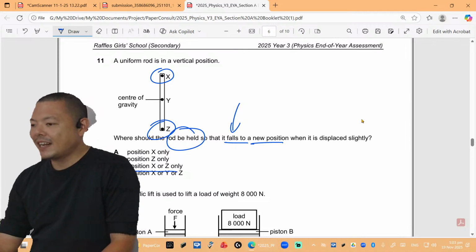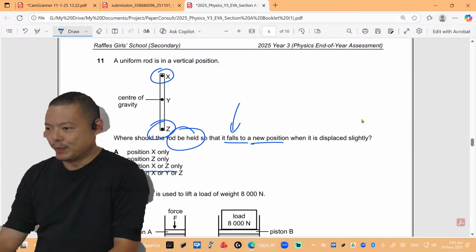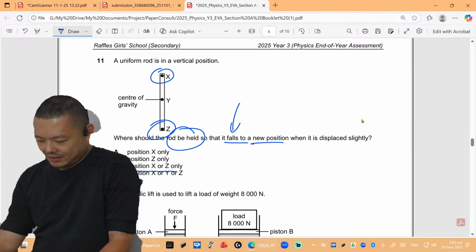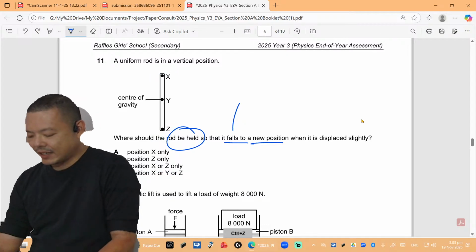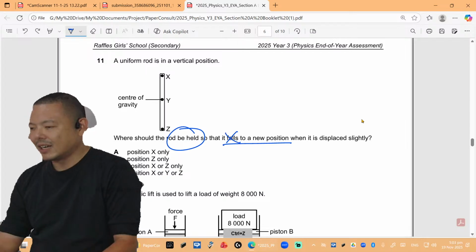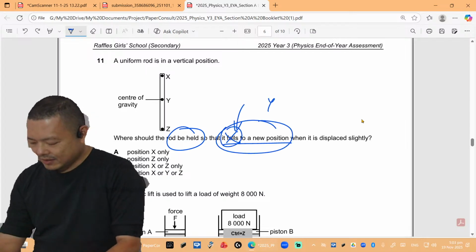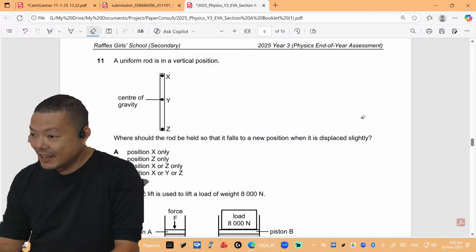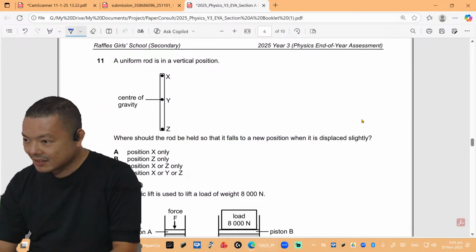So if you pivot it at Y, it will stay at the new position. Oh, yeah, unstable. So basically, they're asking for unstable. So annoying. Did they even go through this question in class?